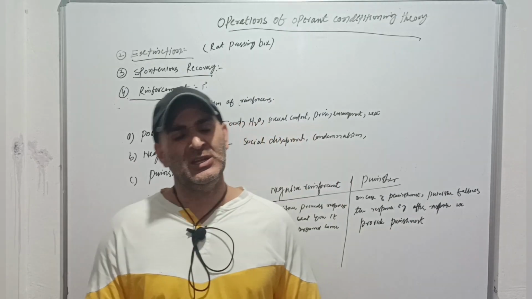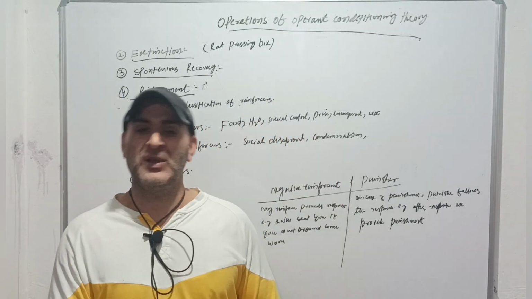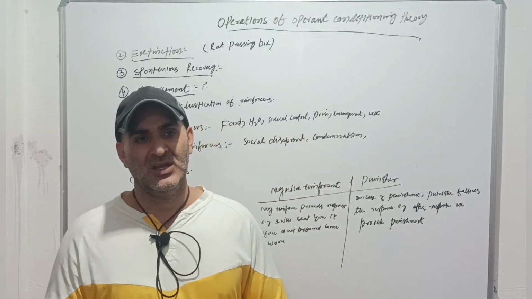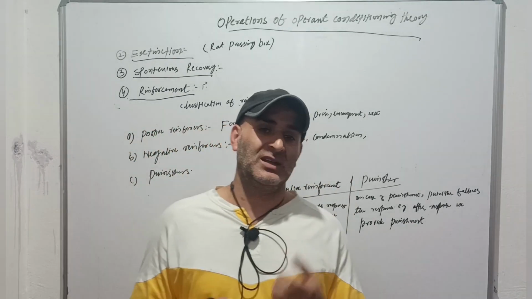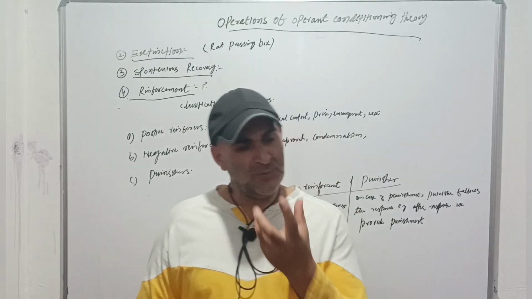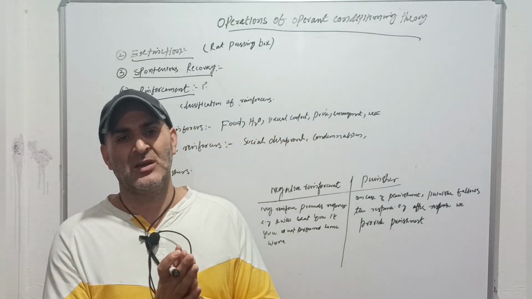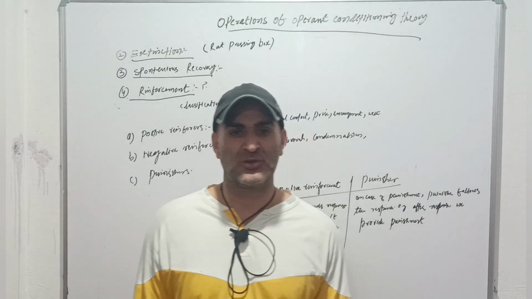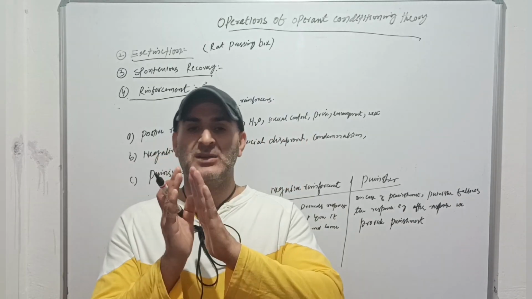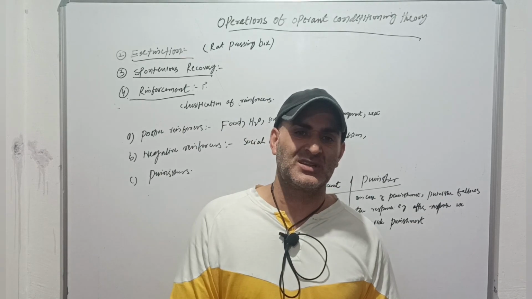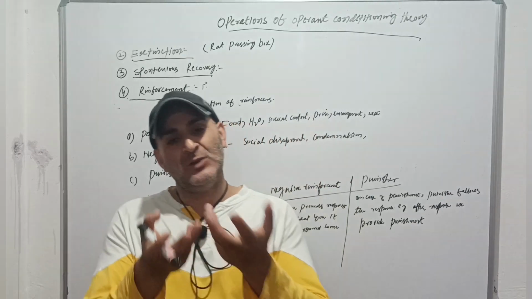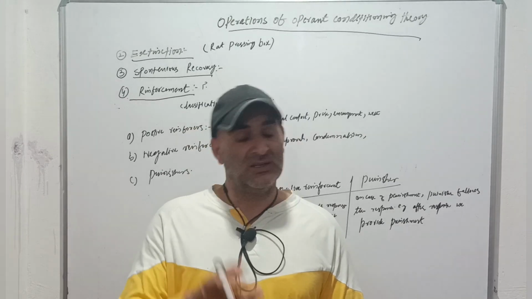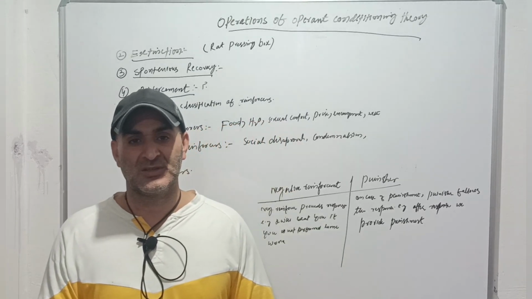For example, if the learner is doing very hard work, performing the task, it is because of the reinforcement. If the laborer is performing the hard tasks, it is because of the reinforcement. If the worker who is working in the industry, the industrial worker, is doing leaps and bounds work, it is because of reinforcement.